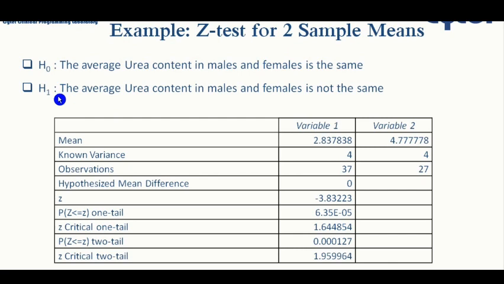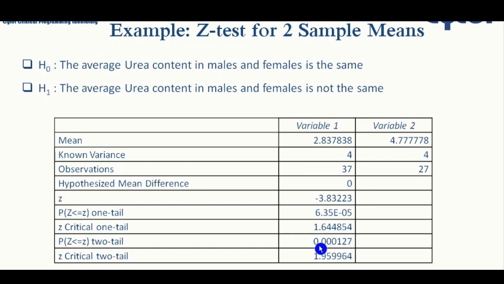I could have said H1 that the average urea content in males is less than that of females. But I have formulated the hypothesis as a two-tailed hypothesis by saying that it is not the same. It gives all these p values: P(Z less than or equal to z), one-tail, and P(Z less than or equal to z), two-tail. So, we have to consider this value. This is the p value we will focus on.